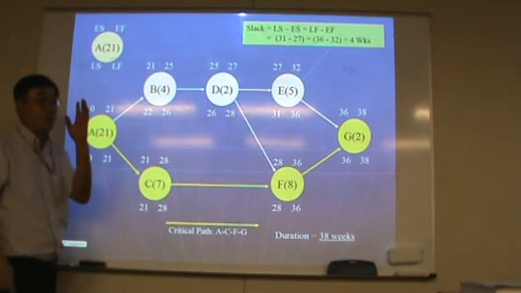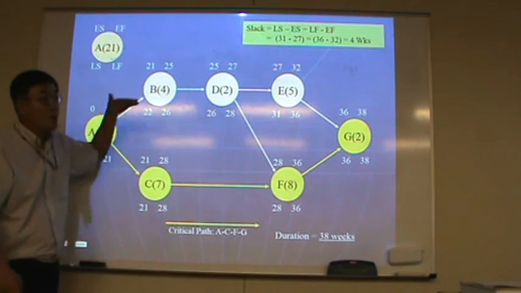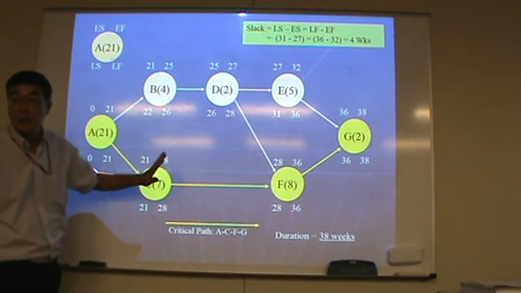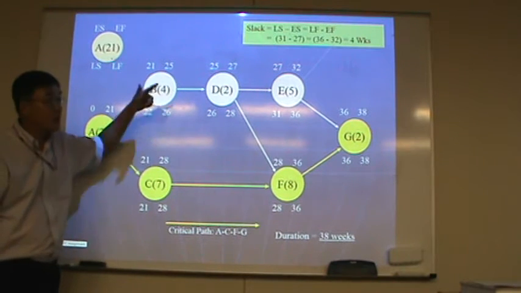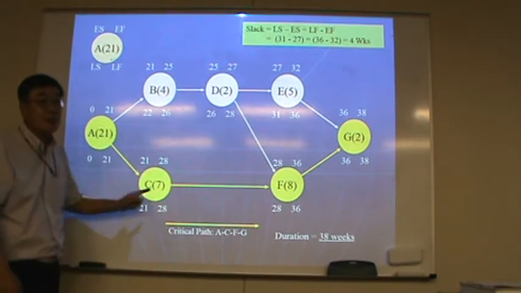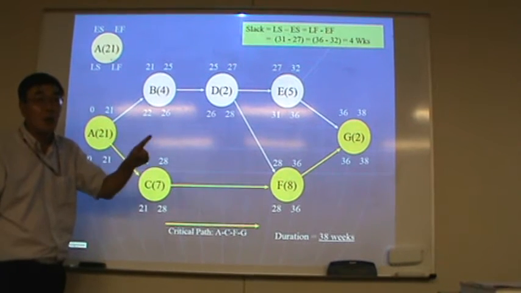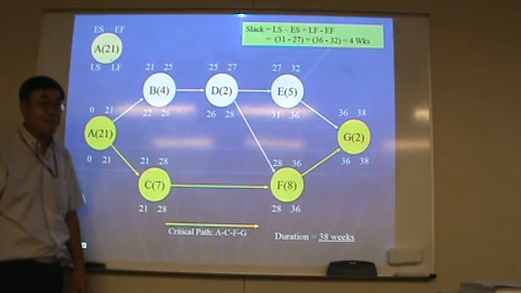Find how many possible paths there are. There are three. Among them, the longest is the critical path.